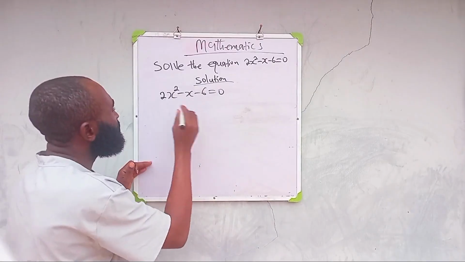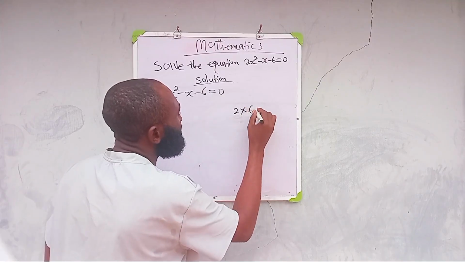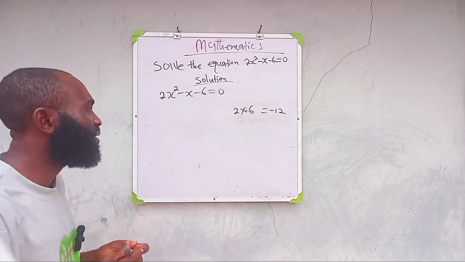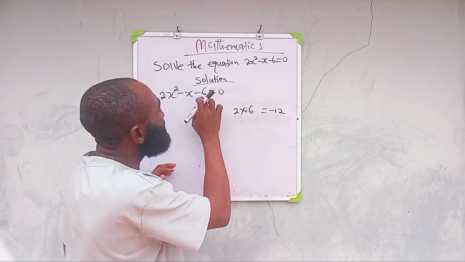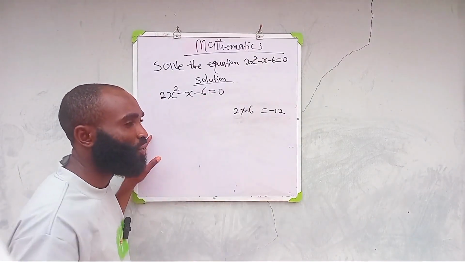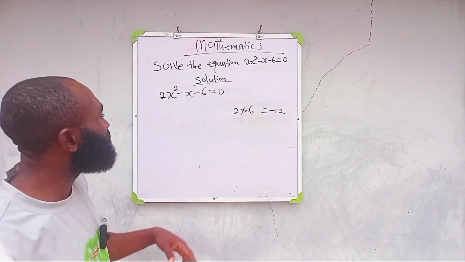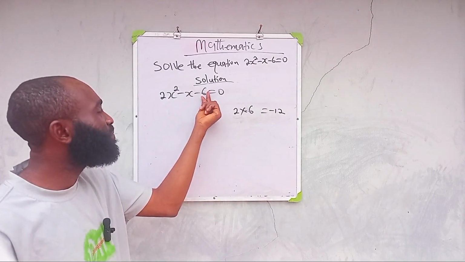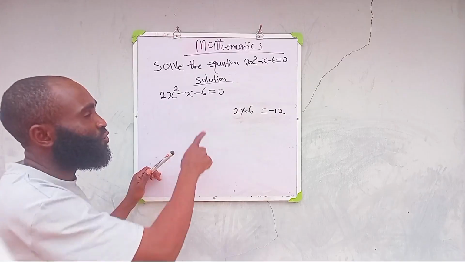You multiply 2 by the last term: 2 times minus 6 gives us minus 12. So bear it in mind that this 6 is no longer 6 but minus 12. Think of two values that, when you multiply, give minus 12, and when you add, give minus 1.